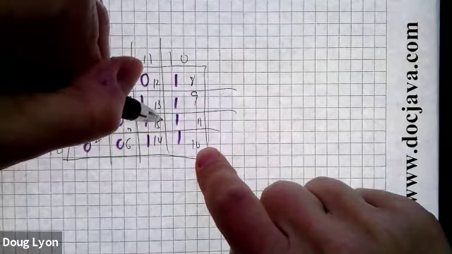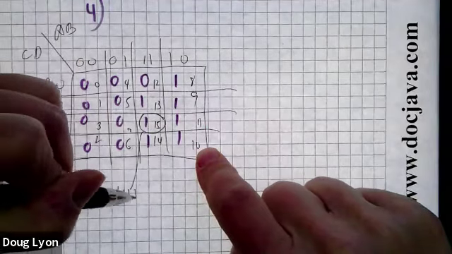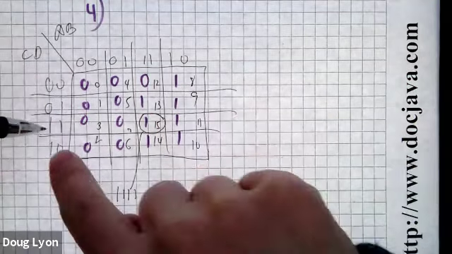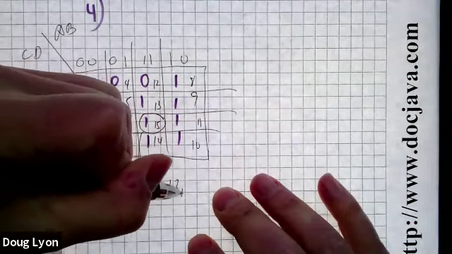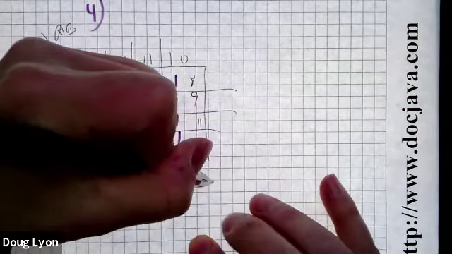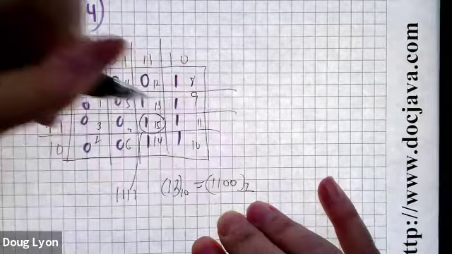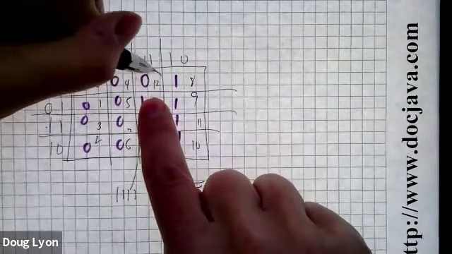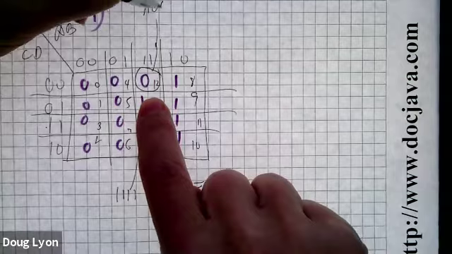For example, if we said 15 corresponds to 1, 1, 1, 1, we could see 1, 1, 1, 1. If you wanted to write 12 in base 10, that would correspond to 1, 1, 0, 0 in base 2. And here's 12. And look at that. It's 1, 1, 0, 0.